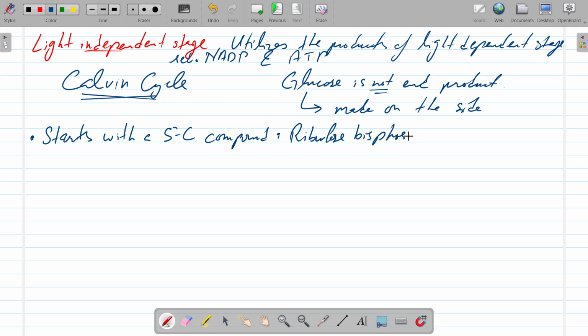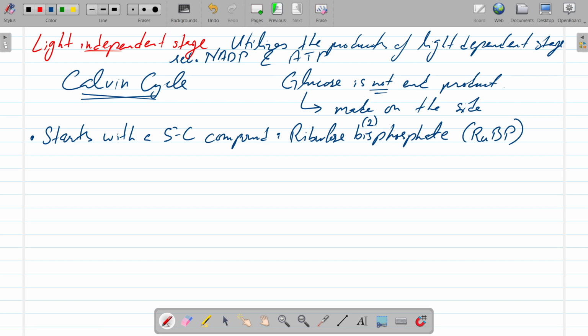Do you know what the bis means? It means two. So there are two phosphates attached to the ribulose. And it has an accepted abbreviation of RuBP, the u being lowercase. That is an accepted abbreviation.